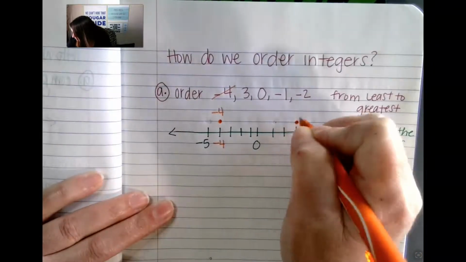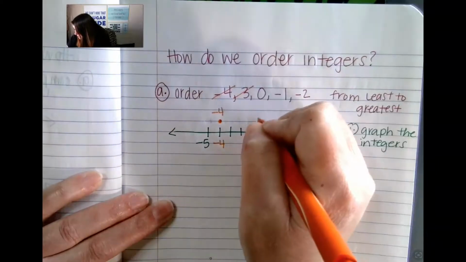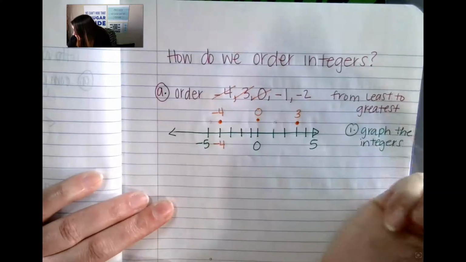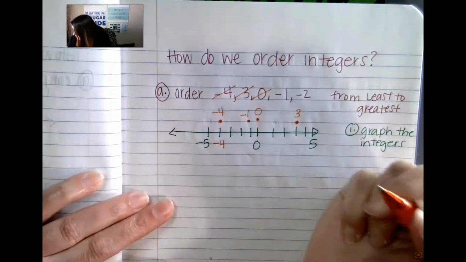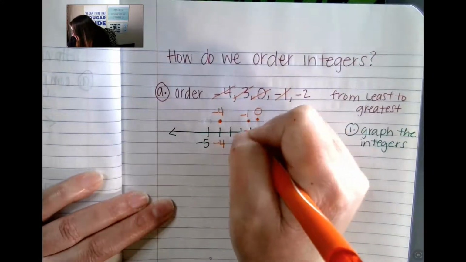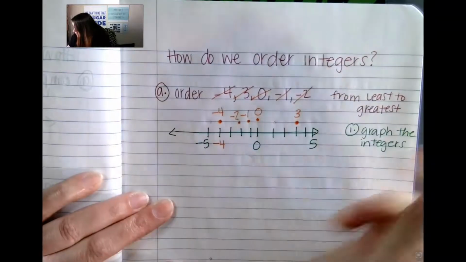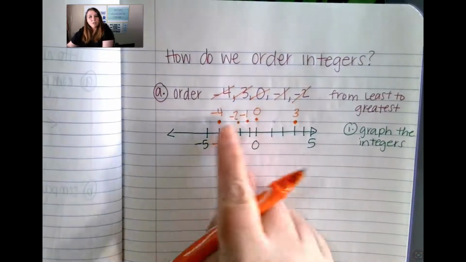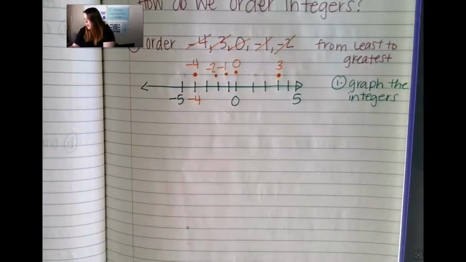So there's a +3. Here's 0 right in the middle. So there's 0. -1 is one jump right here. That's -1. And -2, 1, 2, -2.